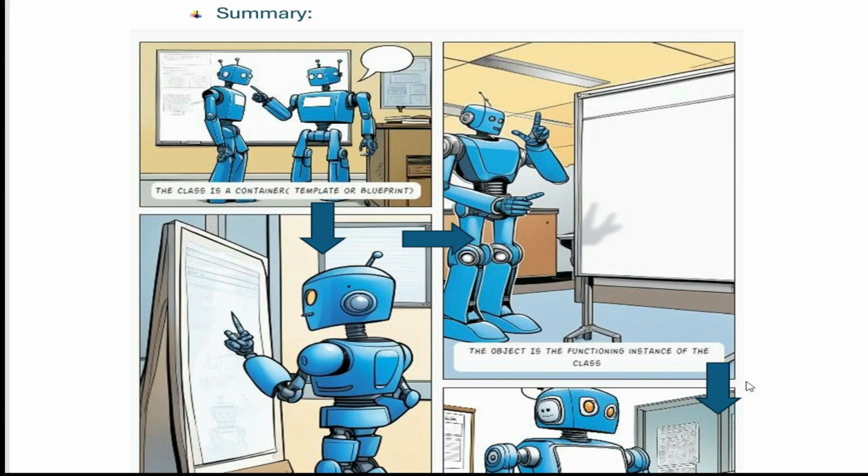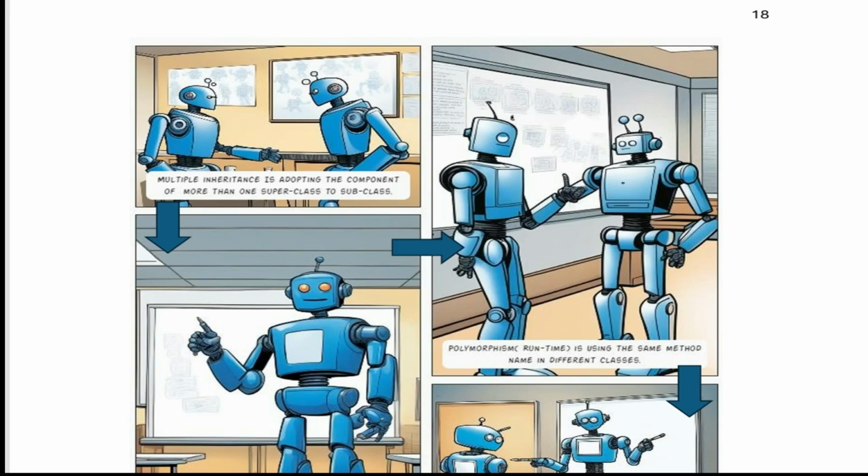Object is the functioning instance of the class. Inheritance is adopting the components of the class to a subclass. Multiple inheritance is adopting the components of more than one superclass to a subclass.